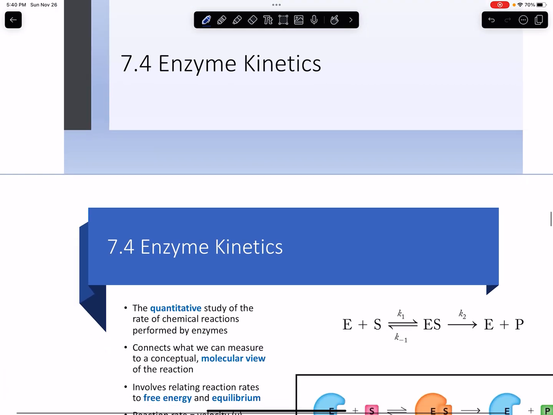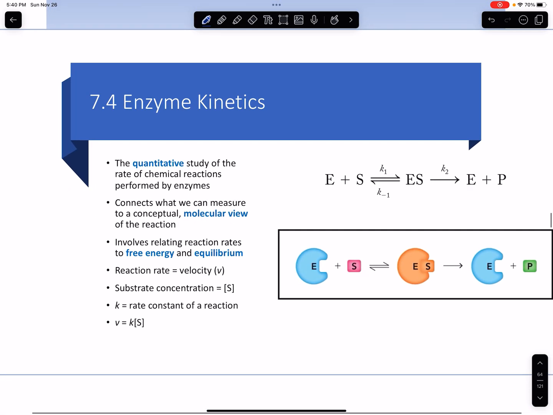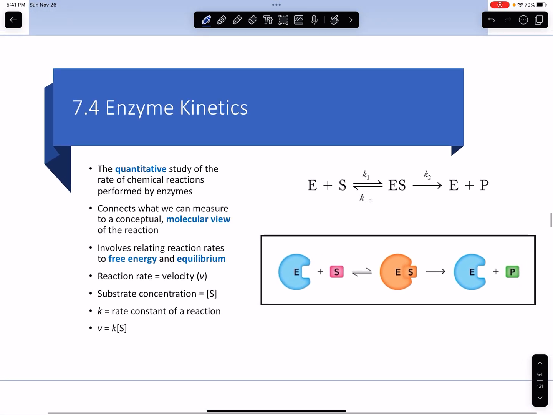So the model that we're going to use both in lab and in talking about enzyme kinetics is called the Michaelis-Menten model. And the reason we're using it is because it is the simplest that we have in terms of the number of moving parts, the mathematics, for basic enzyme reactions.